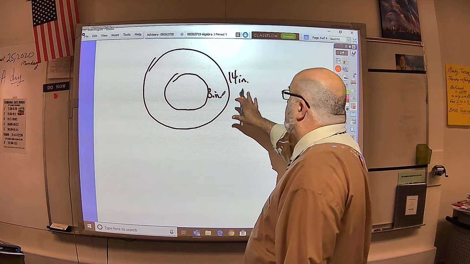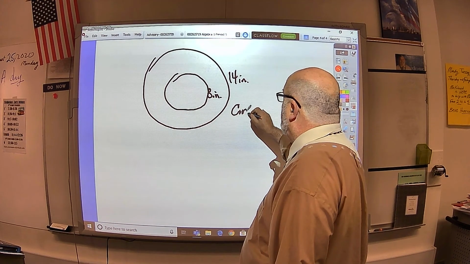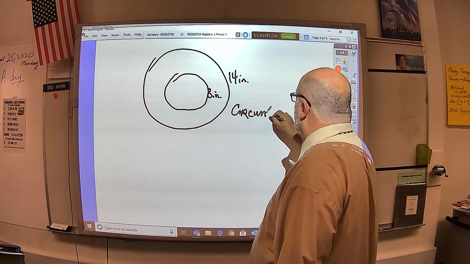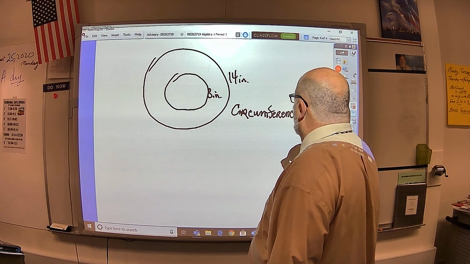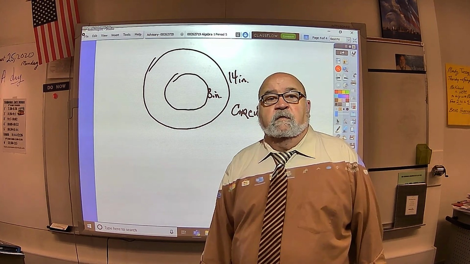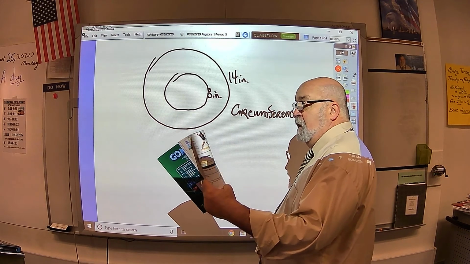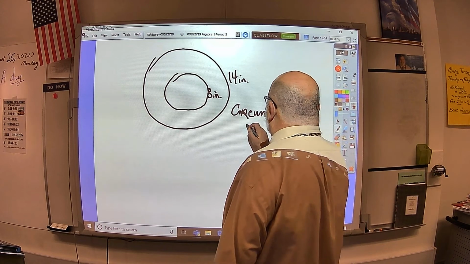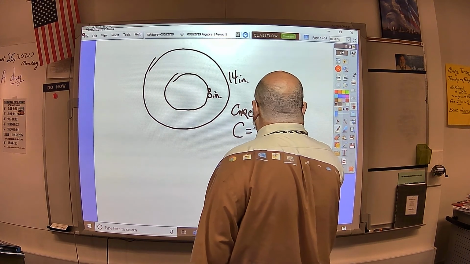whenever we talk about circles and we're talking about circumference, and this is something you should have learned in 7th grade, what's the formula for circumference? Well, I always think of it as pi d, pi d, and I drive my students nuts every time we start talking about it. But C equals pi times d.